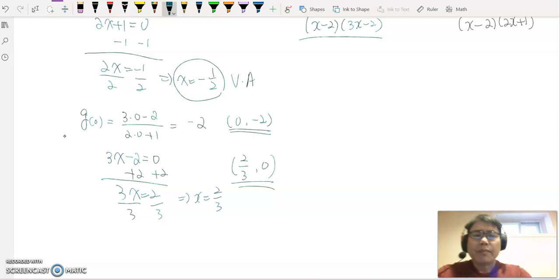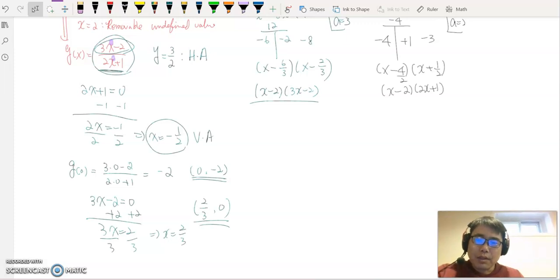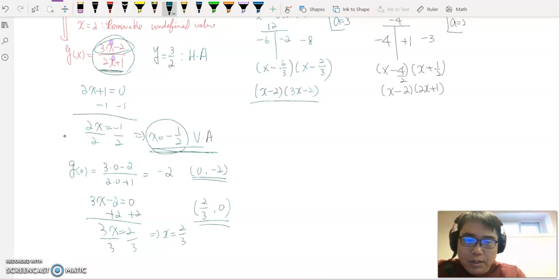Okay? Now, because we have variable terms on the numerator and denominator, I will select a few values to find and then draw the graph. Basically, we have only one vertical asymptote, which means the graph will be divided into two different sections.